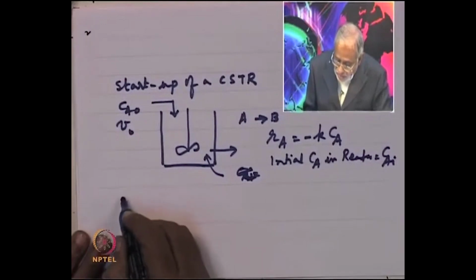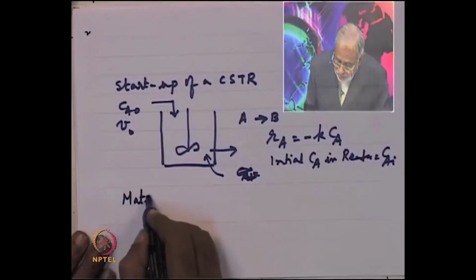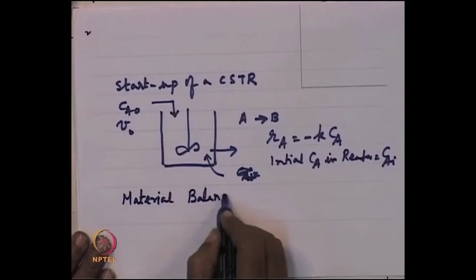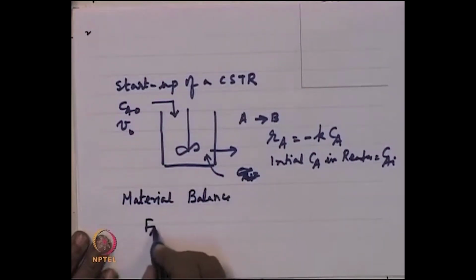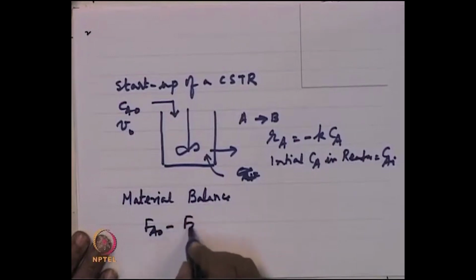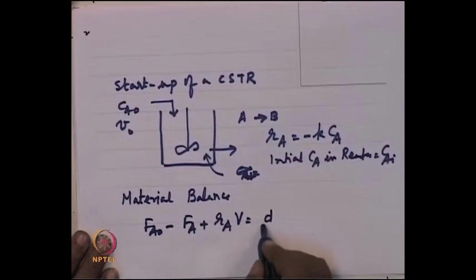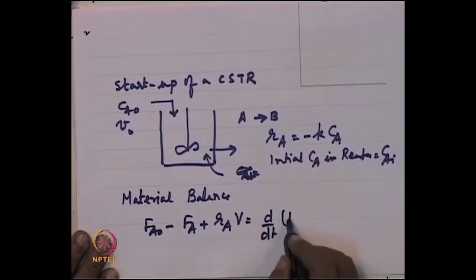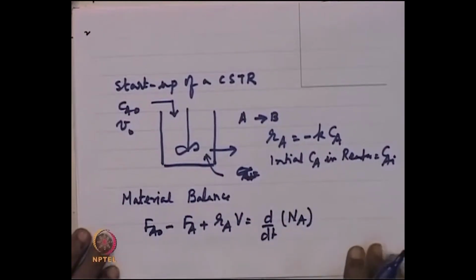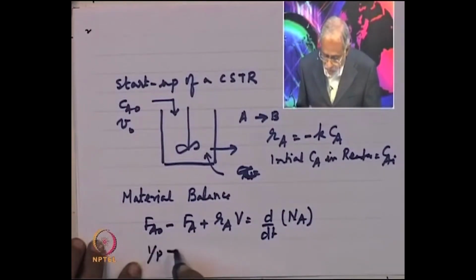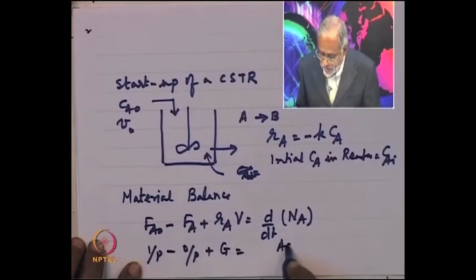Let us say we write our material balance, which is: input, minus output, plus generation, equal to accumulation. This is our statement of material balance.